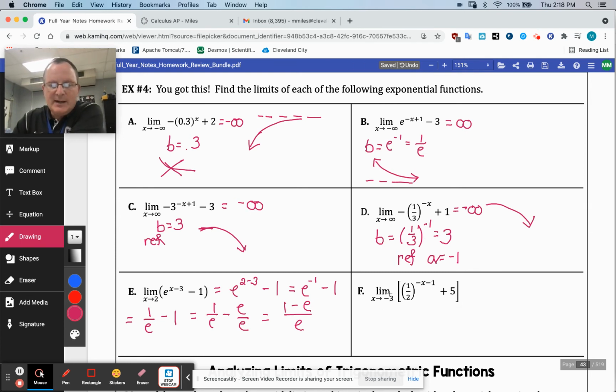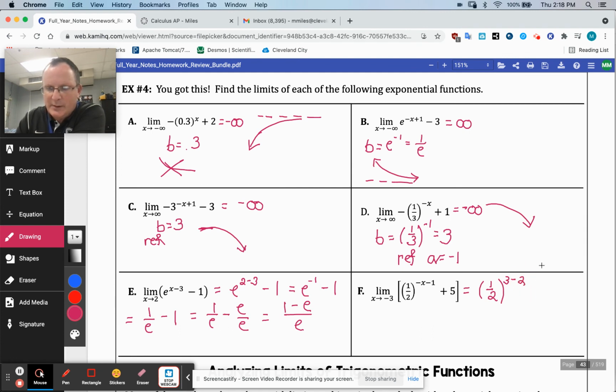We're not heading to infinity or negative infinity, so it's not asking. It's funny, none of those went to the asymptote, but that's okay. So now we're substituting once again. So this will equal 1/2 to the negative 3, so that's going to be 3 minus 2.